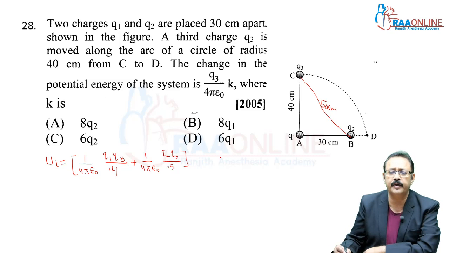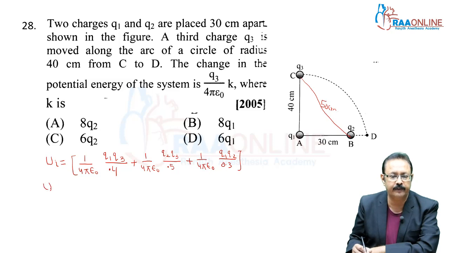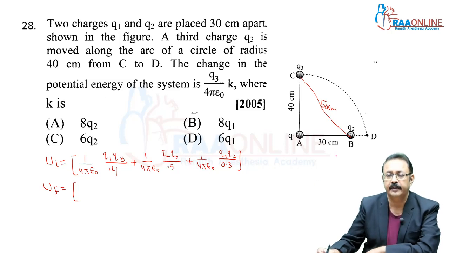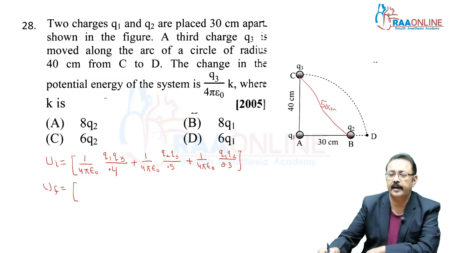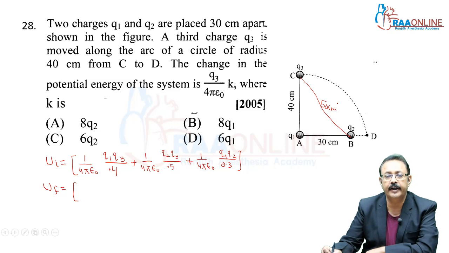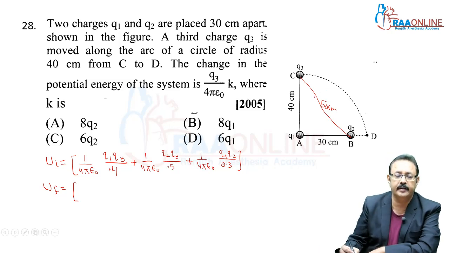If you want to write it, you can write the system's potential energy 1 upon 4 pi epsilon naught Q1, Q2 upon 0.3, but it will be cancelled out. What is the final potential energy when you move that Q3 charge? Now Q3 charge is at D, on an arc of radius 40 centimeter.